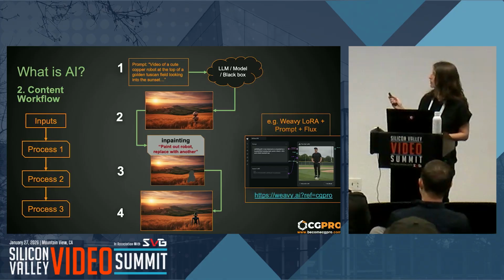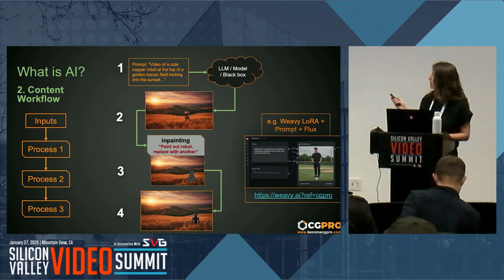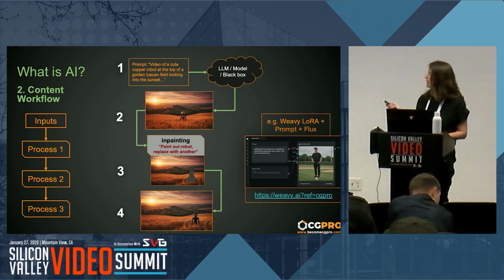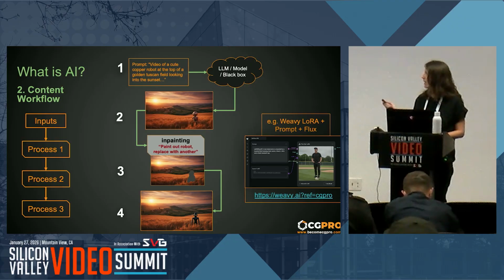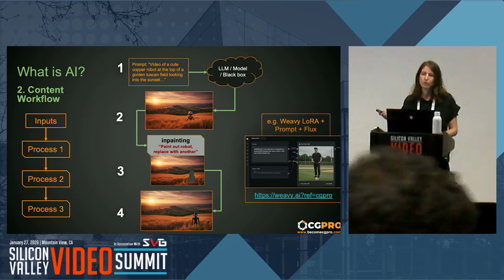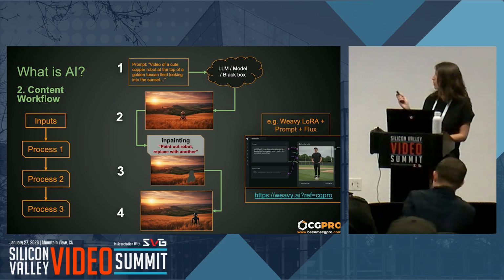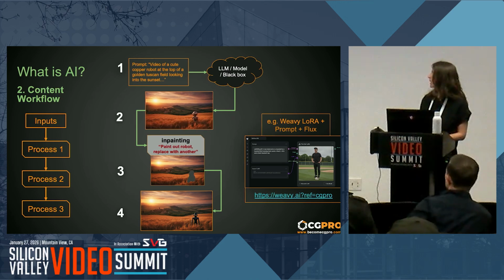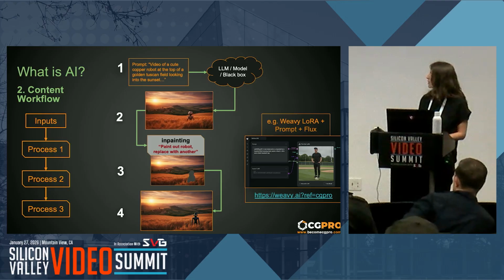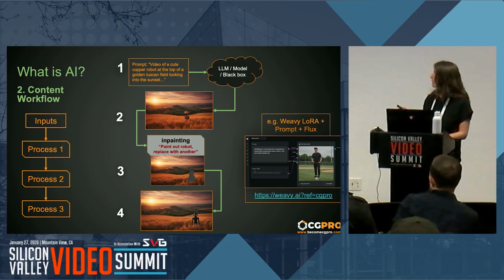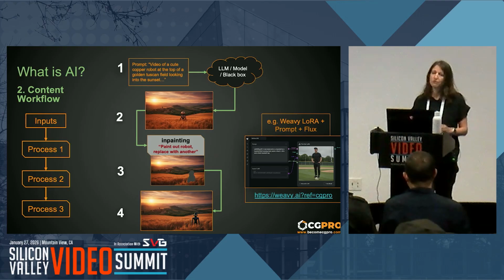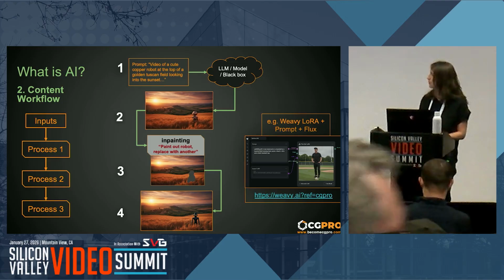Here's an example: you might put something into Comfy UI, and then ask it to do some in-painting, some paint-outs, and then hopefully it gives you the right output that you were looking for. You change the robot from one robot to a different robot. Now you can also use LoRAs and prompts and Flux, and these are some of the inputs and processes that you can use.